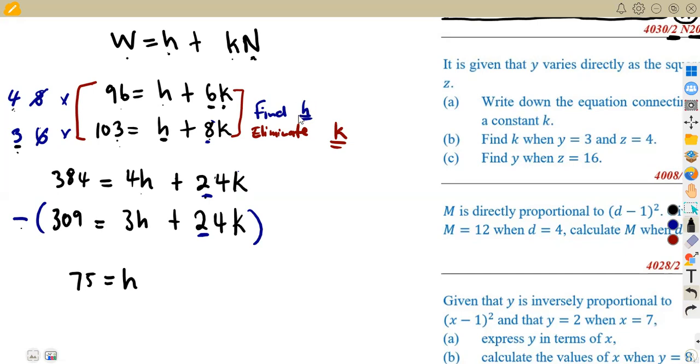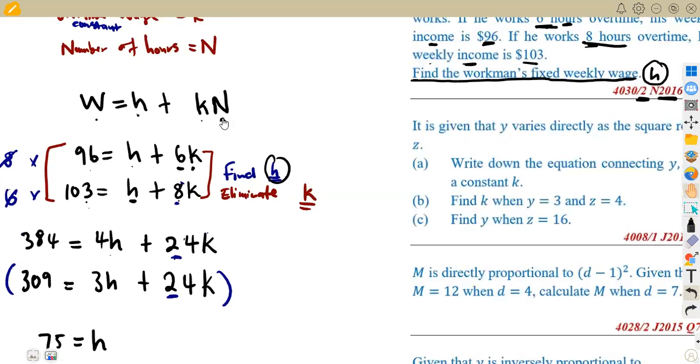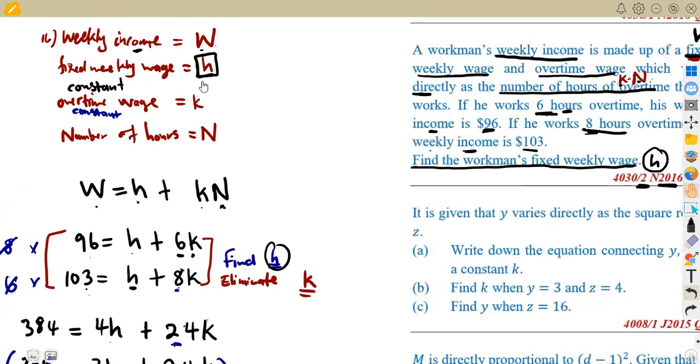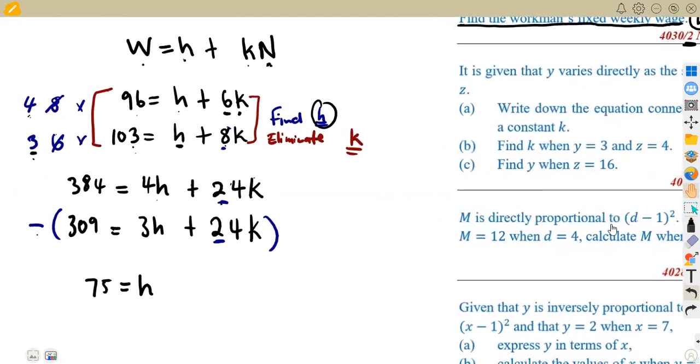And what we need to find is H, because we are talking about the fixed weekly wage, and we said the fixed weekly wage is represented by H. So by finding this value of H, we have already found the weekly wage. Therefore, the fixed weekly wage in this case is $75.